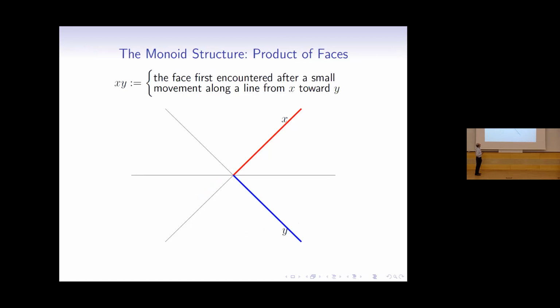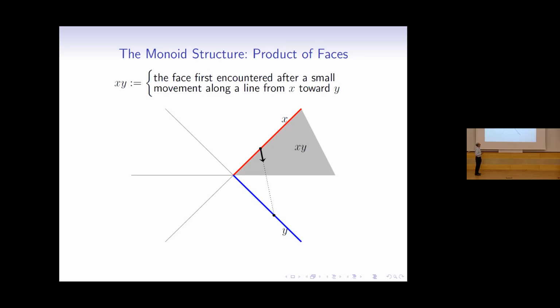The semigroup structure on this arrangement, or any hyperplane arrangement, is defined this way. It's a product on the set of all faces. So here's a red face X and a blue face Y. Geometrically, I walk a little bit from X towards Y, and the first face I fall into is the product XY.